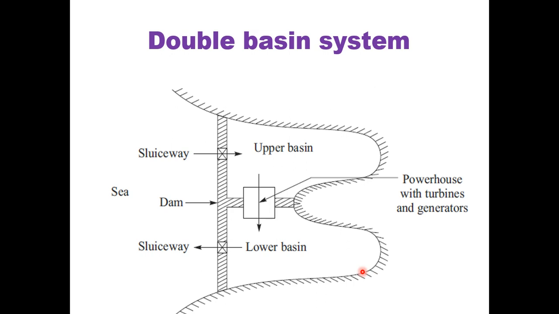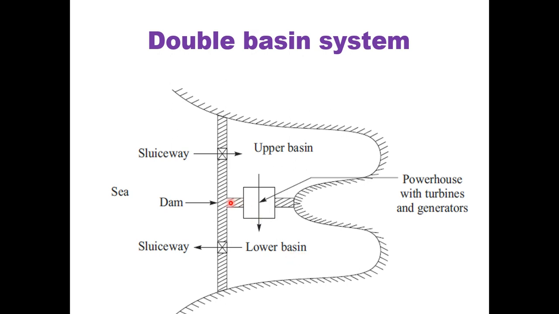Now we will talk about the same thing in detail. If you are depending upon the tidals, we have various tidal ranges, and depending upon these tidal ranges, with this kind of topography, you need to construct another dam over here that can serve as a lower basin.